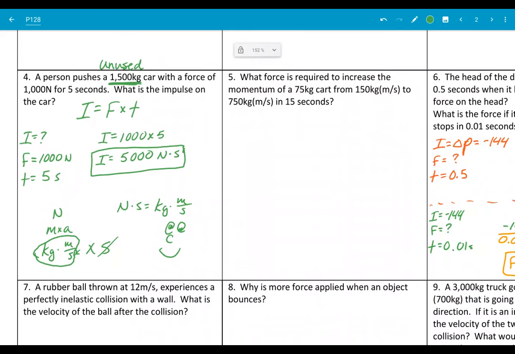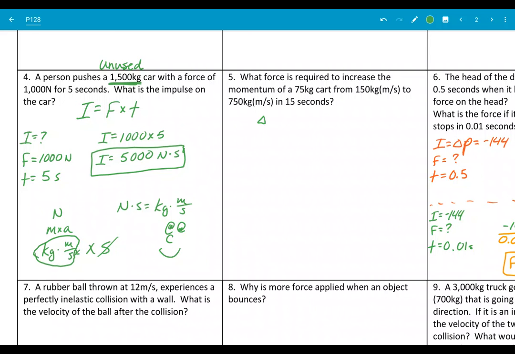All right, cool. Number 5, it says, what force is required to increase the momentum of a 75 kilogram cart from 150 kilogram meters per second to 750 kilogram meters per second in 15 seconds? All right. So again, let's see here.